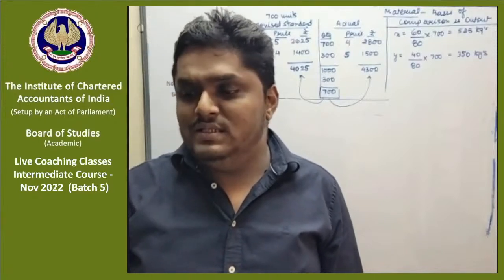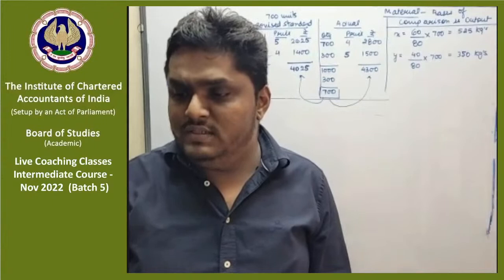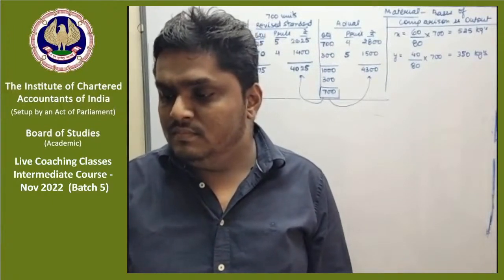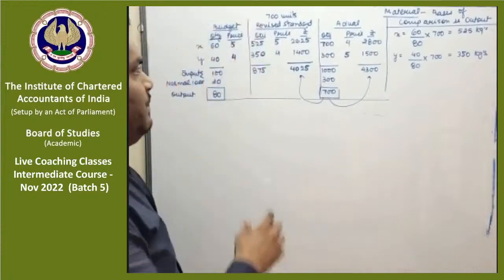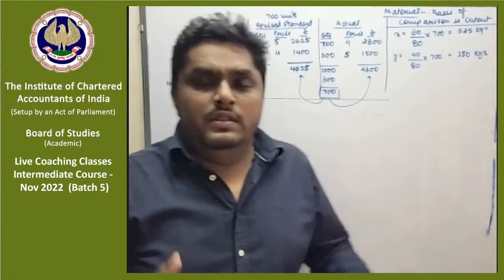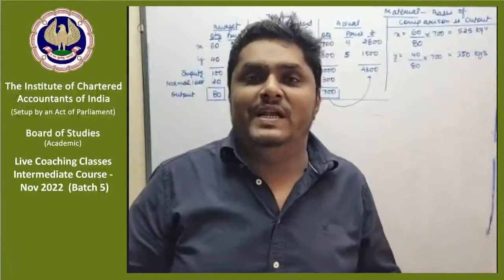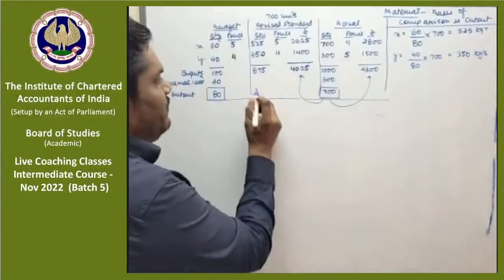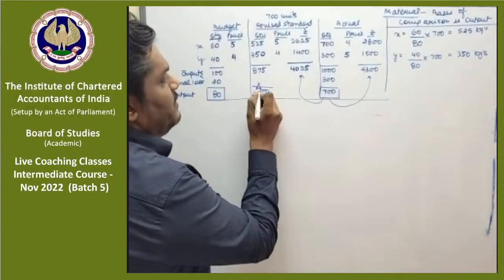Yes, Shivani, your answer was correct, 350 units. The total input should be 875. If we deduct 20% from 875, we get the output of 700 units.